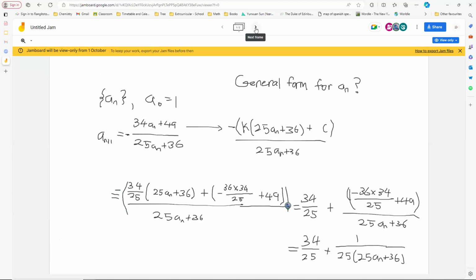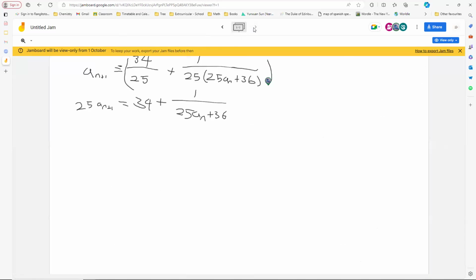Minus this, minus that, and it's minus that. Okay, sorry. So I'll add 34 to both sides now.